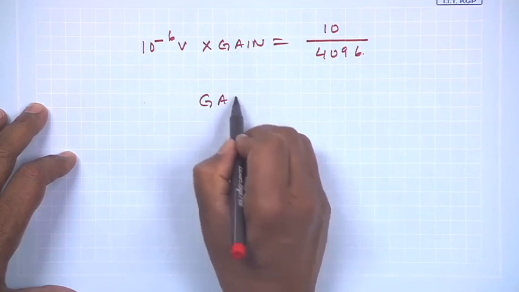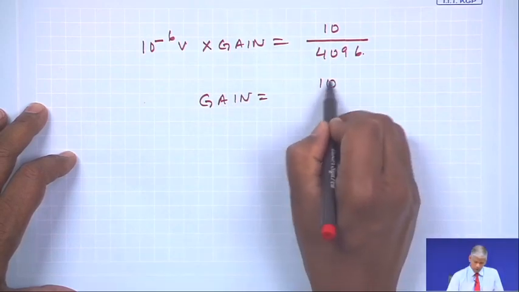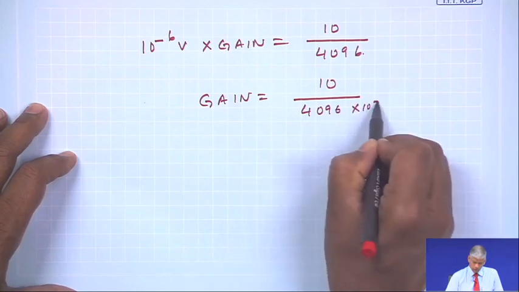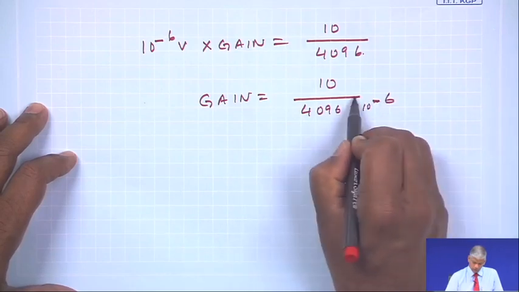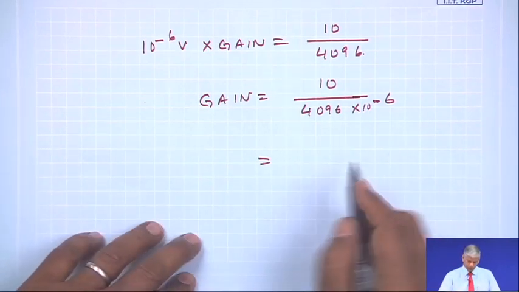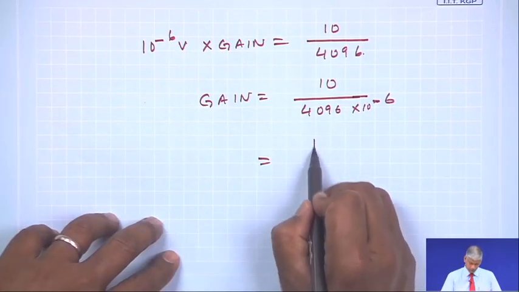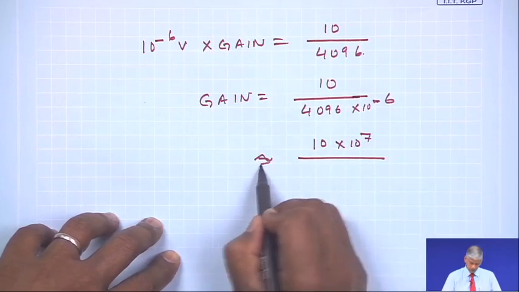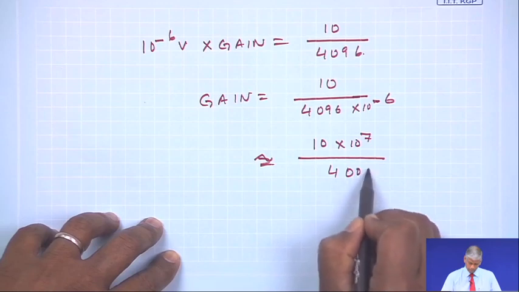So, the gain would be 10 divided by 4096 times 10 to the power minus 6. For the sake of computation, write 4096 as 4000.